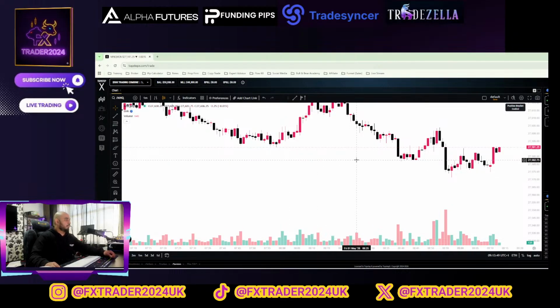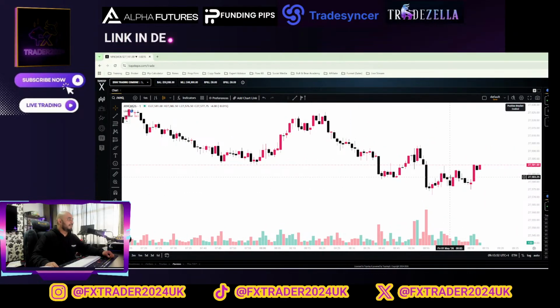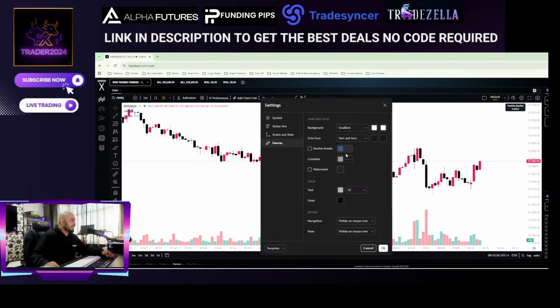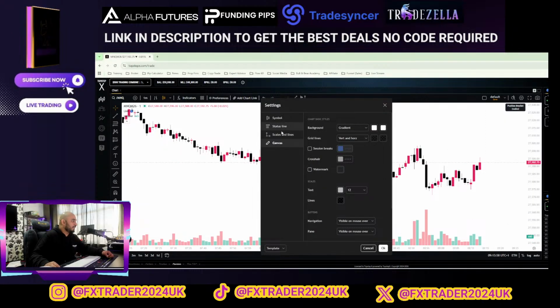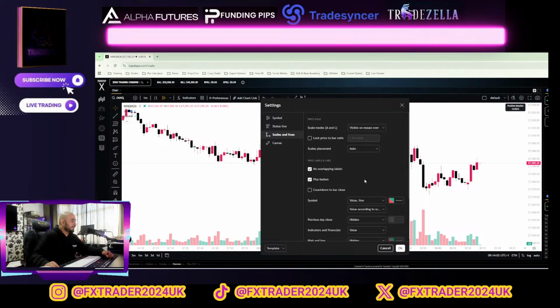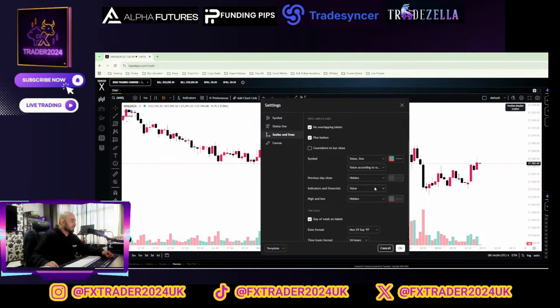Okay, so now we are back onto Top Step. MNQ on Top Step. Let's go. Let's get these lines put in, whatever they are.